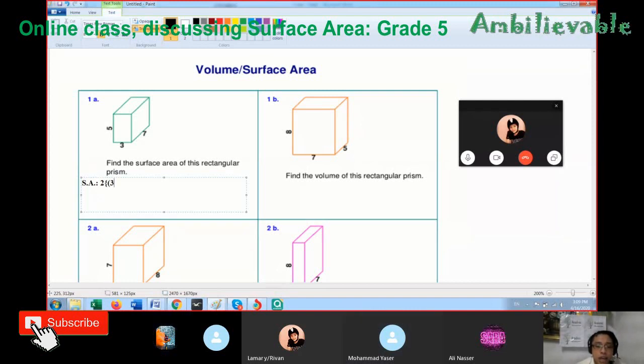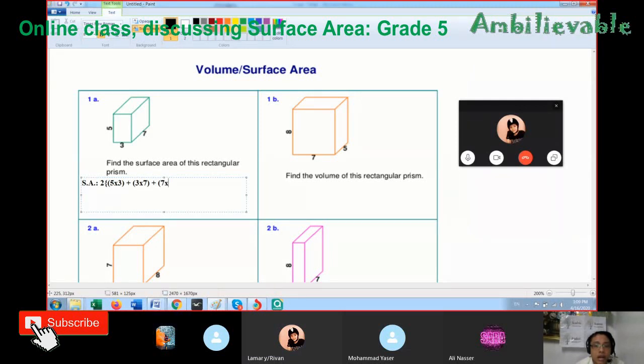It's like this, 5 times 3, 5 times 3. Okay, look at this one: (5 times 3) plus (3 times 7), as if you are just rotating the numbers, plus (7 times 5).